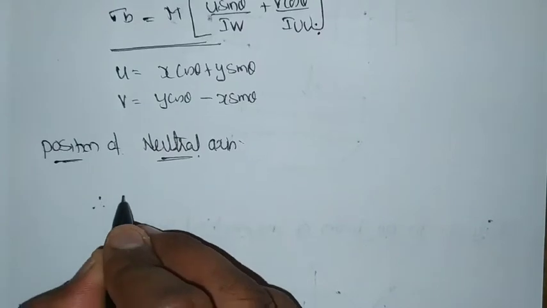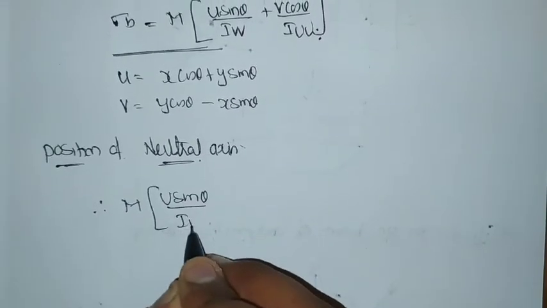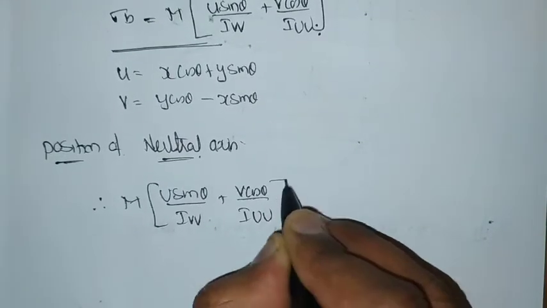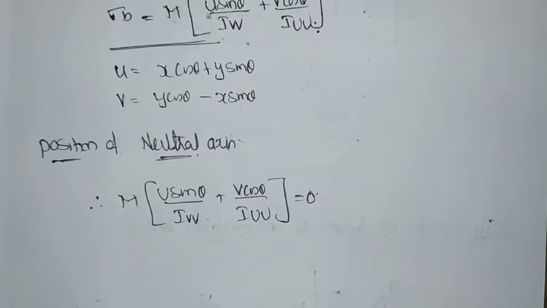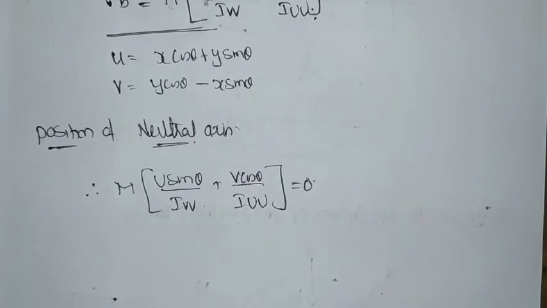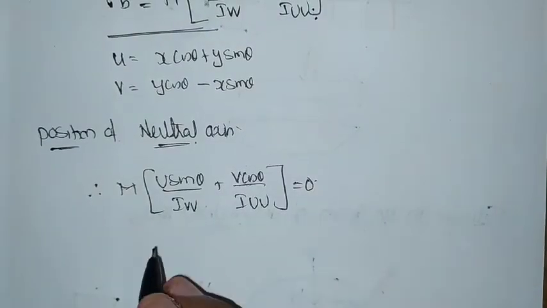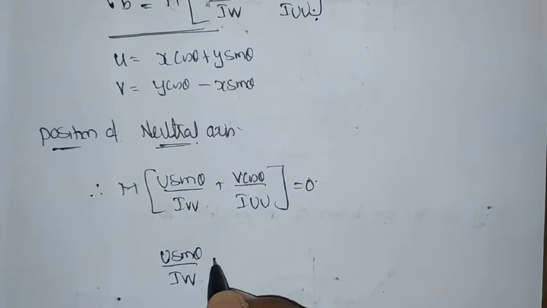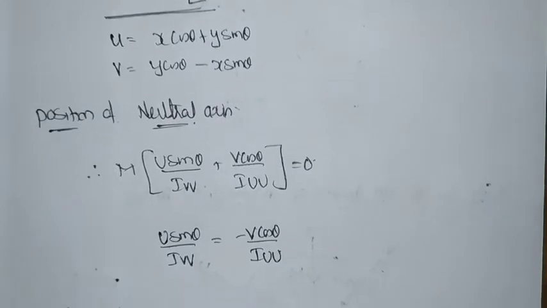Therefore m of u sin theta by I vv plus v cos theta by I uu is equal to 0. If the resultant bending stress is 0 at the neutral axis, then the neutral axis can be defined. If m goes to this side, it will become 0. So u sin theta by I vv is equal to minus v cos theta by I uu.